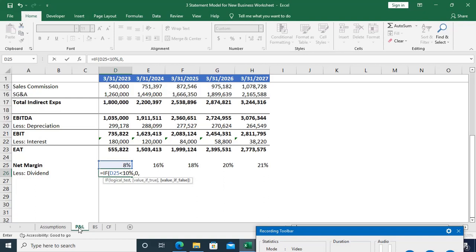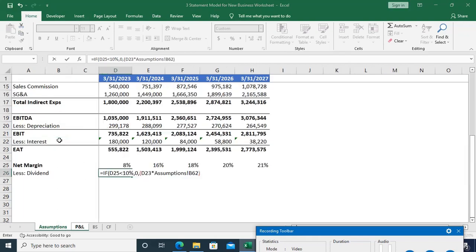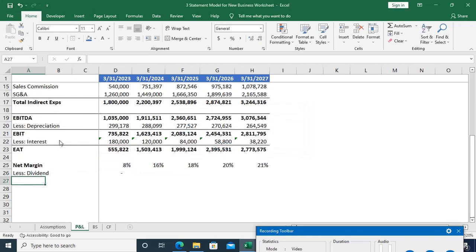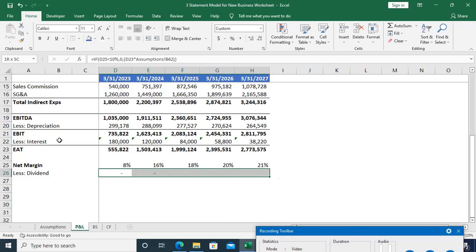Or else we will give earning after tax multiplied by 25%. So this year it is 0. This year it is definitely 0 because it is 8%.